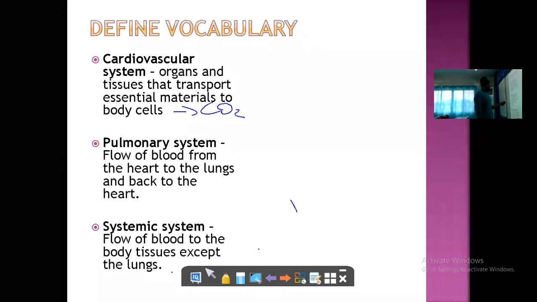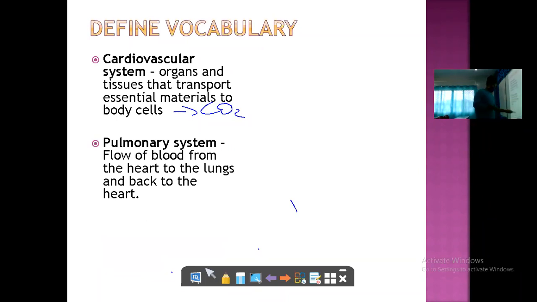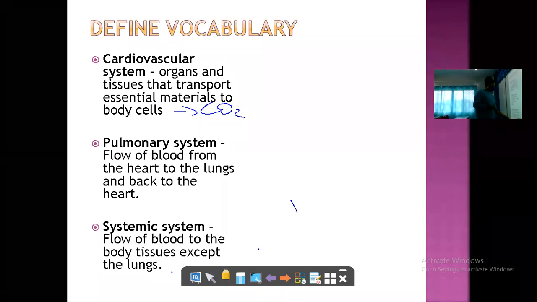The pulmonary circuit involves the flow of blood between the heart and the lungs. You take note, between the heart and the lungs.